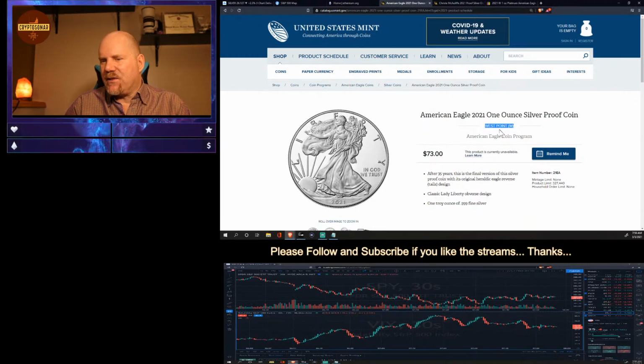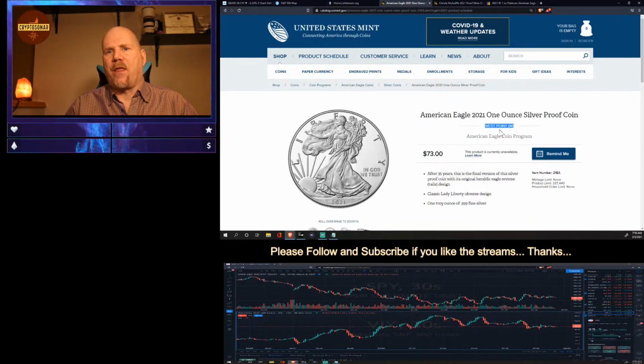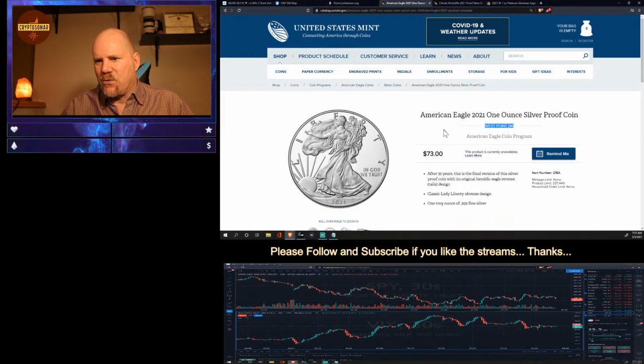What that means is that if you get a West Point silver proof coin and you get a Philadelphia or a San Francisco proof coin issued later, the American Eagle out of the West Point Mint will bring you more dollars if you were to sell it, as a perception of collector value as well.